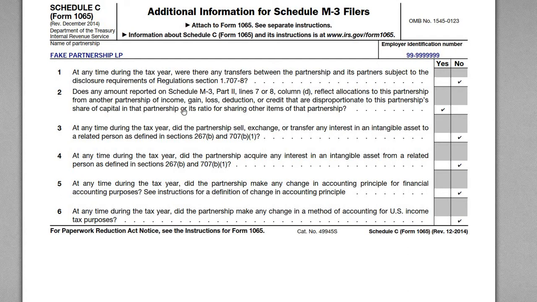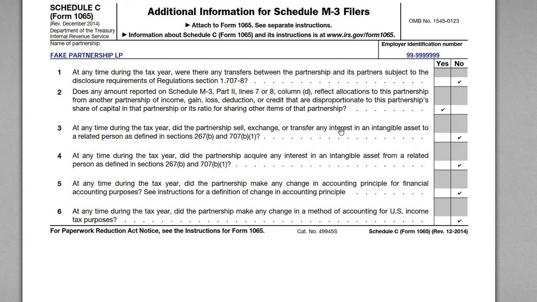In this case, we would answer yes, because we are receiving an allocation that is disproportionate to our investment in that underlying partnership. That is what happens when you have a performance fee allocation. And so we're answering yes.